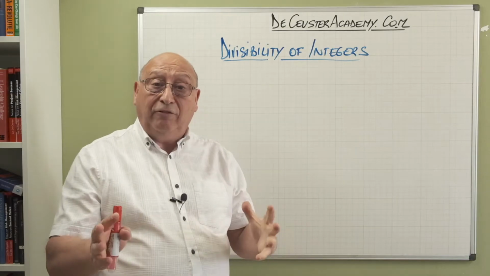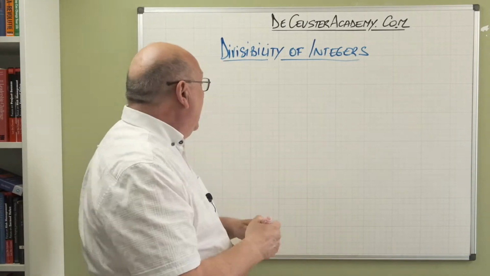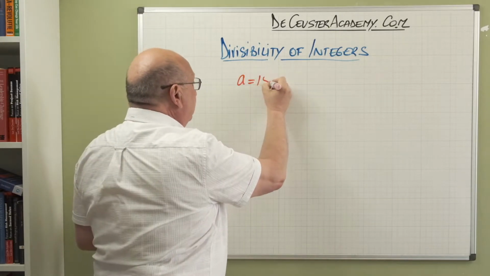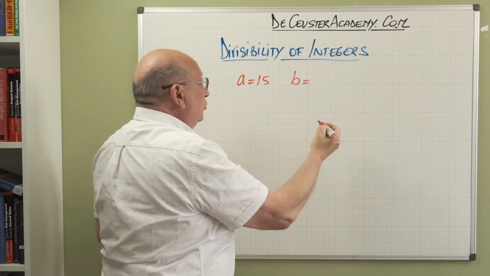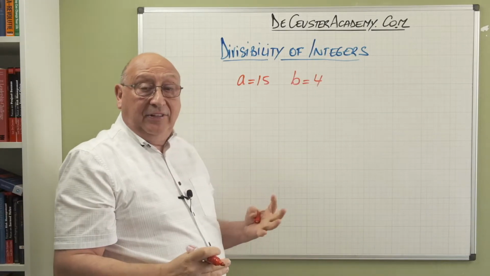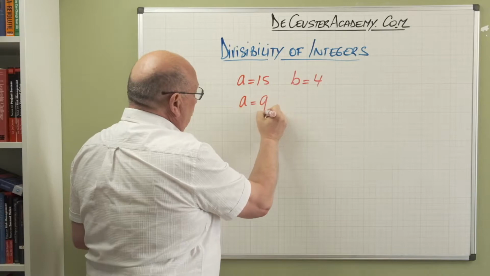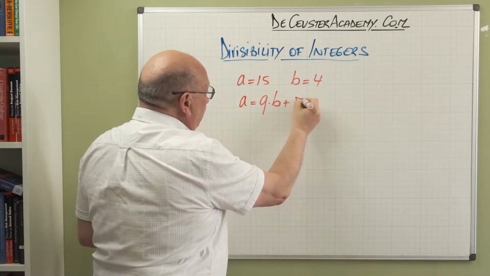But let's now have a look at some examples. Let's say we have a equal to 15, b is equal to 4, and then we can write a as q times b plus r.